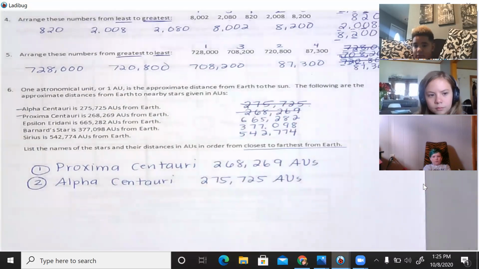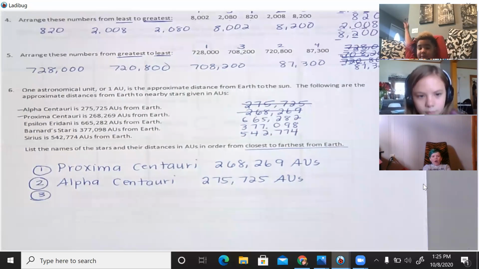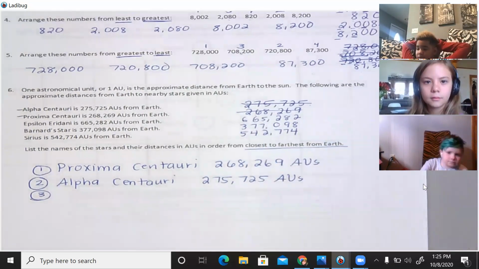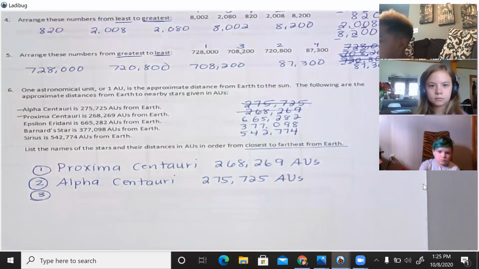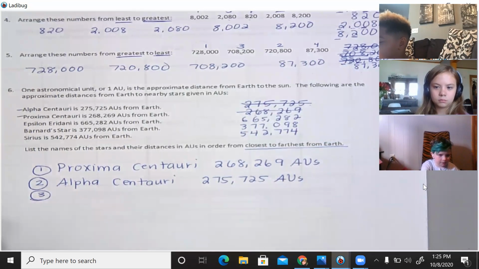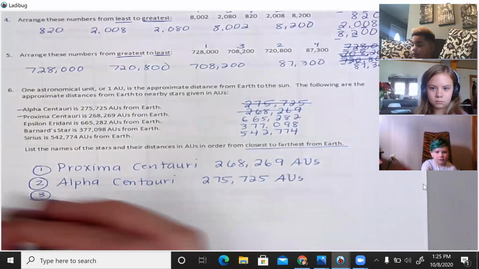Okay, so we have our second smallest. Okay, Peyton, we have these 3 distances left. Which one's the smallest out of those 3? Barnard Star. Why do you think it's Barnard Star?